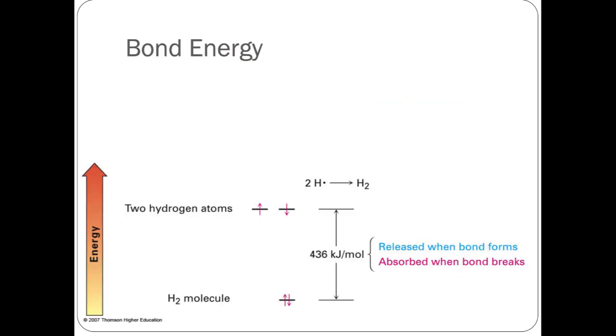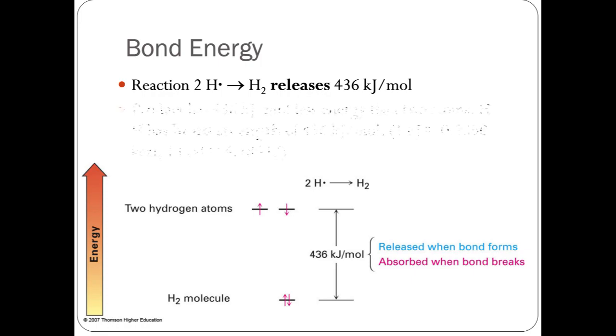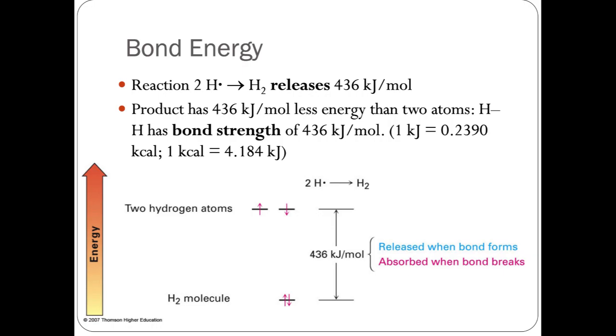In the diagram of the formation of hydrogen molecule from two hydrogen atoms, the reaction releases 436 kilojoules per mole. Product has 436 kilojoules per mole less energy than two atoms. That means H-H has bond strength of 436 kilojoules per mole.